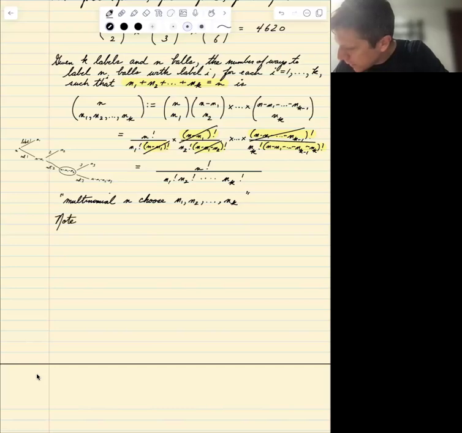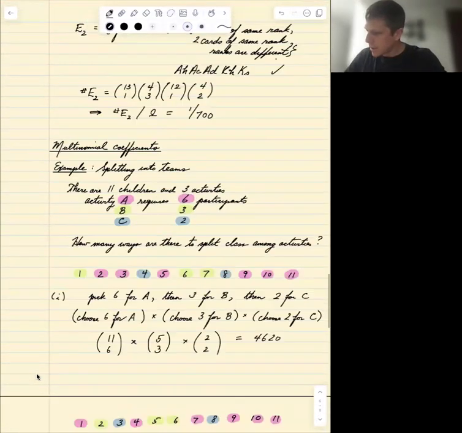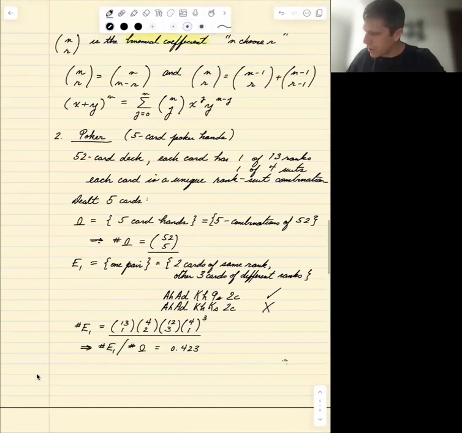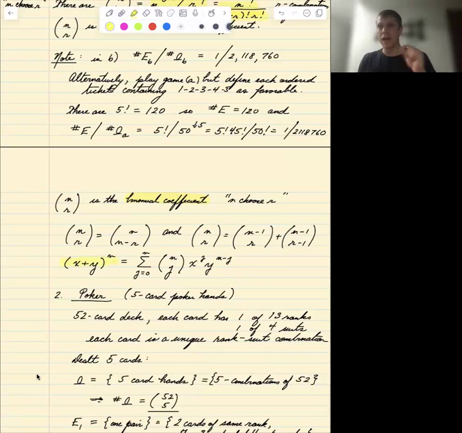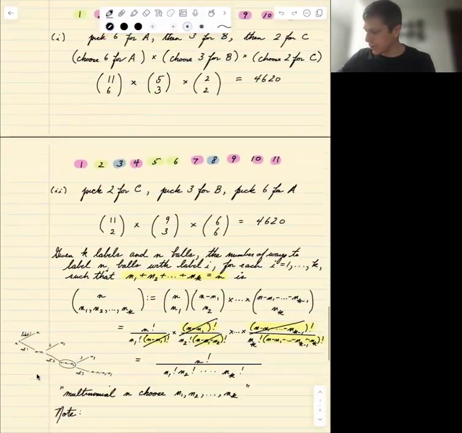Because remember how we defined binomial coefficients in terms of a binomial expression. Binomial means you have two variables, x and y, in this case, x plus y raised to a power. So multinomial is raising k variables to a power.